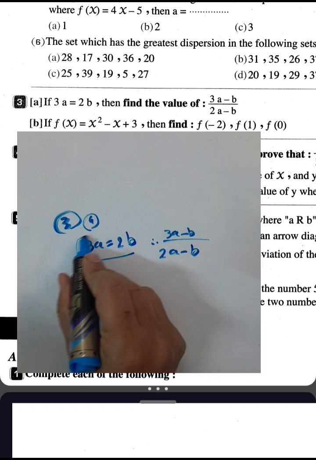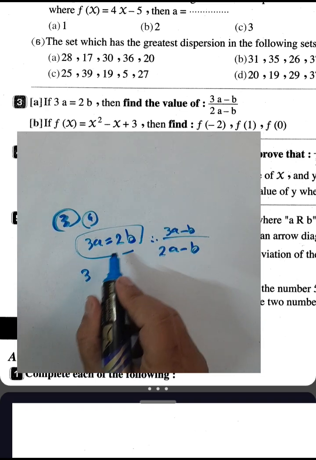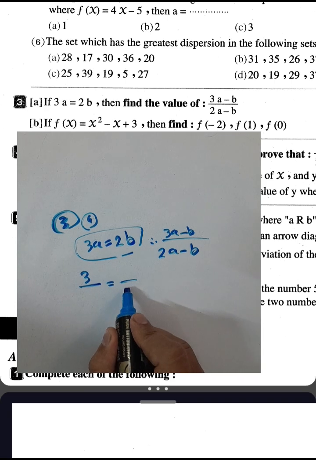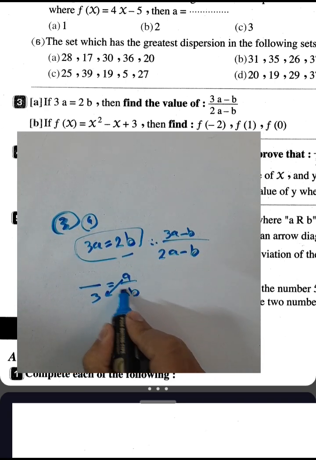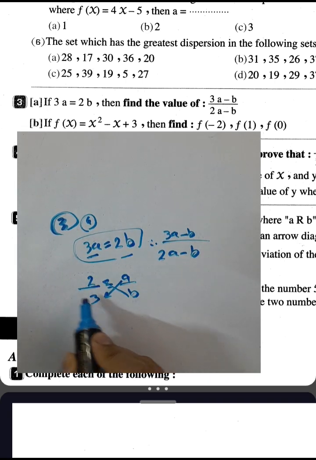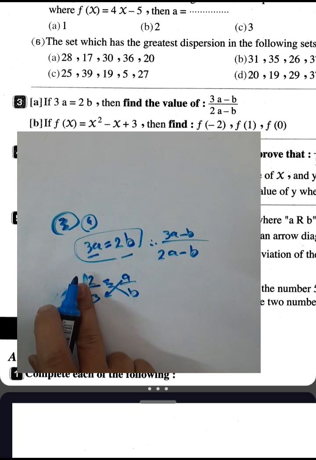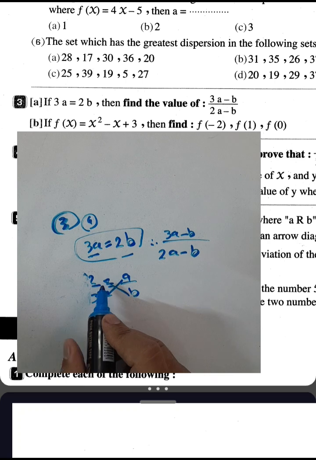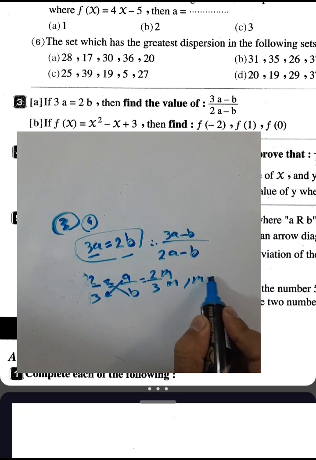We can put a over b, and we use the rule: the product of extremes equals the product of means. a times 3 and b times 2, and then you can write a constant m outside, so a over b will be 2 over 3, write m here and m here, and m not equal 0.